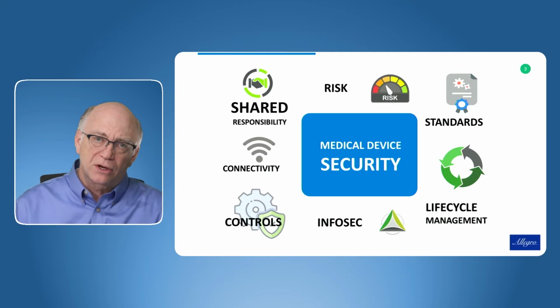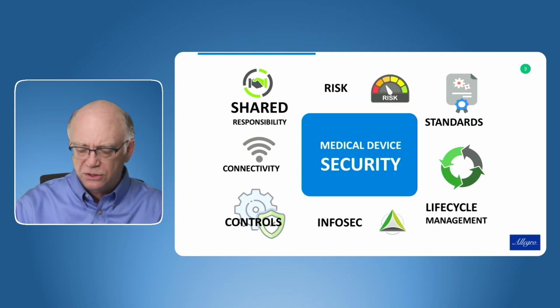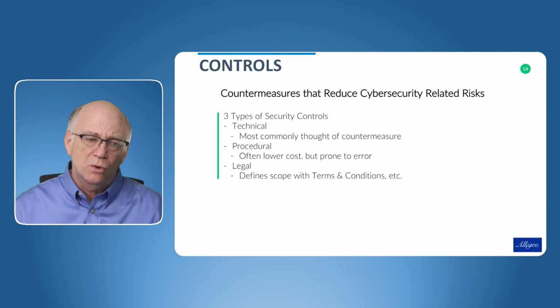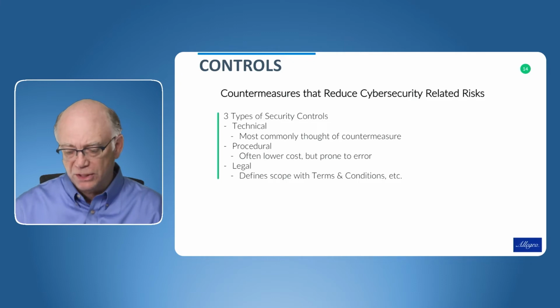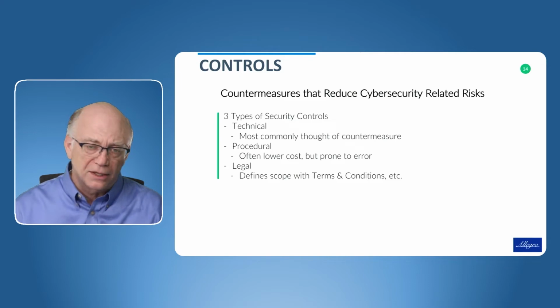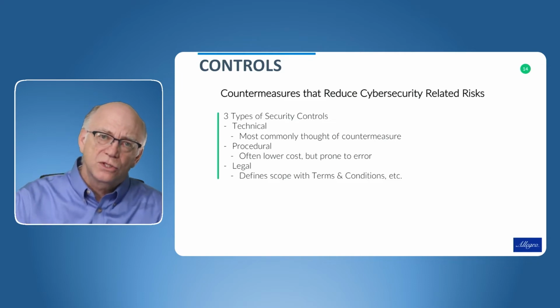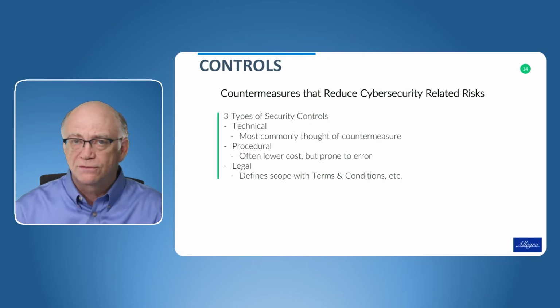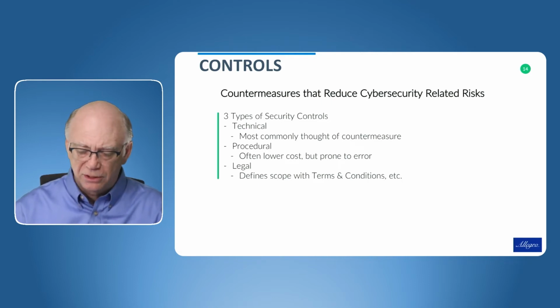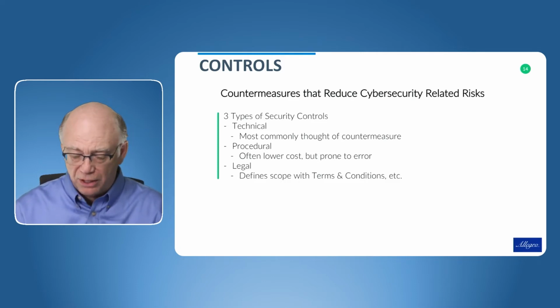The second area that we're going to be talking about in medical device security is controls. What can you do to control or mitigate, what types of countermeasures can you use to reduce cybersecurity related risks? There are really three different types of controls that you can use, particularly on the data privacy side. The first one is technology. A lot of device manufacturers will initially use a series of technology to mitigate risk for data breaches, most commonly thought of as the most common countermeasure for making sure there's not a data breach of some sort.